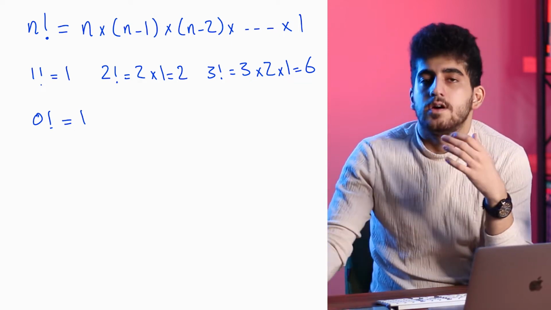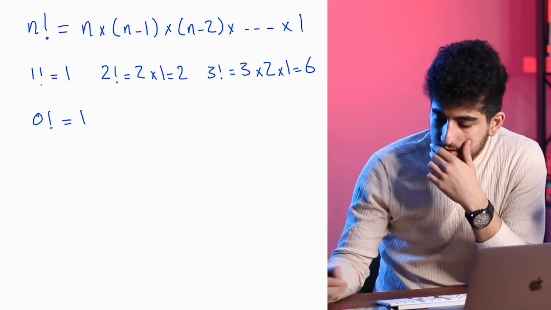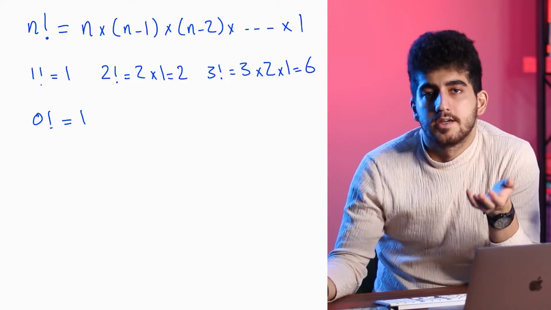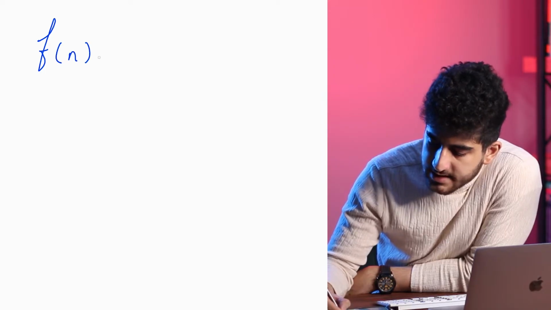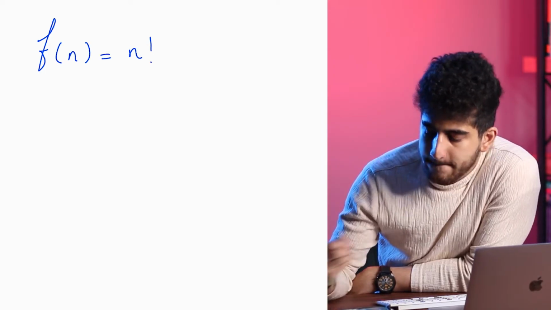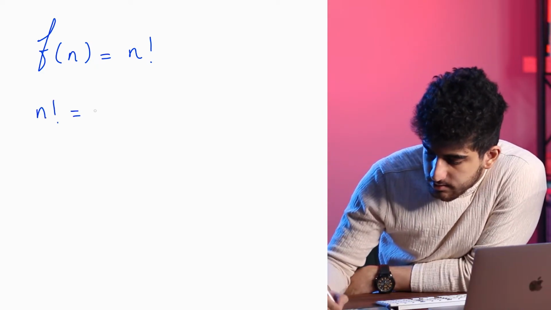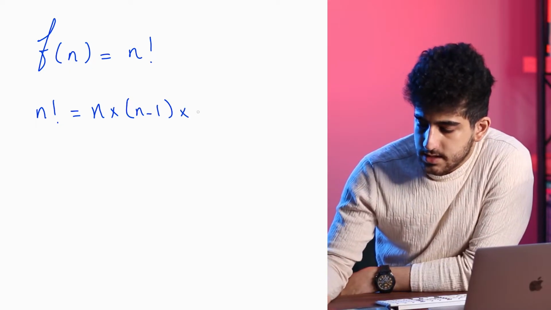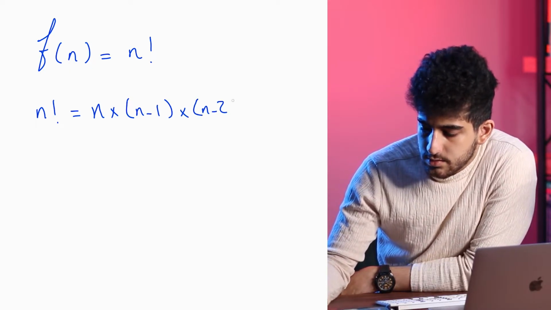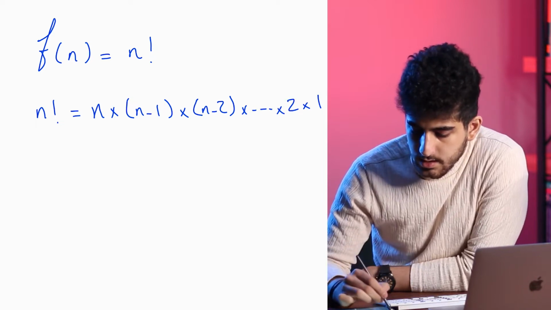And now assume that we want to calculate n factorial. Well, one way to solve it is by recursion. I can say that f of n is the answer for n factorial. Well, n factorial is equal to n times n minus 1 times n minus 2 down to 1.